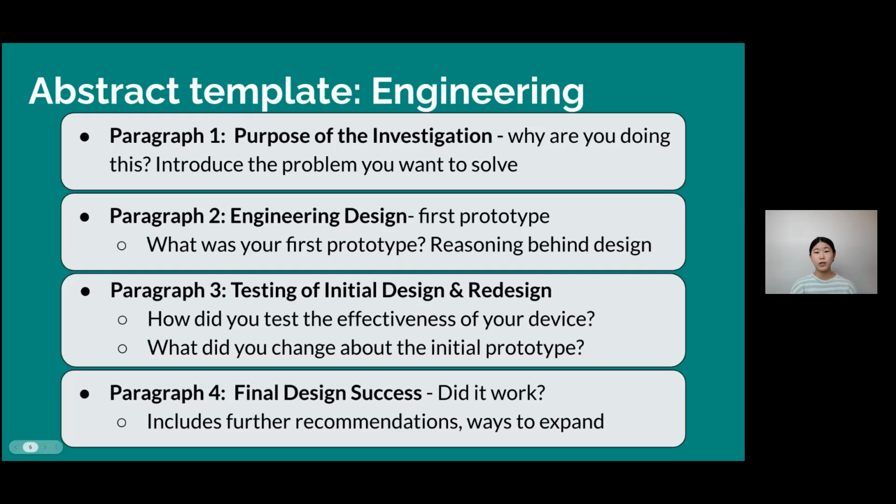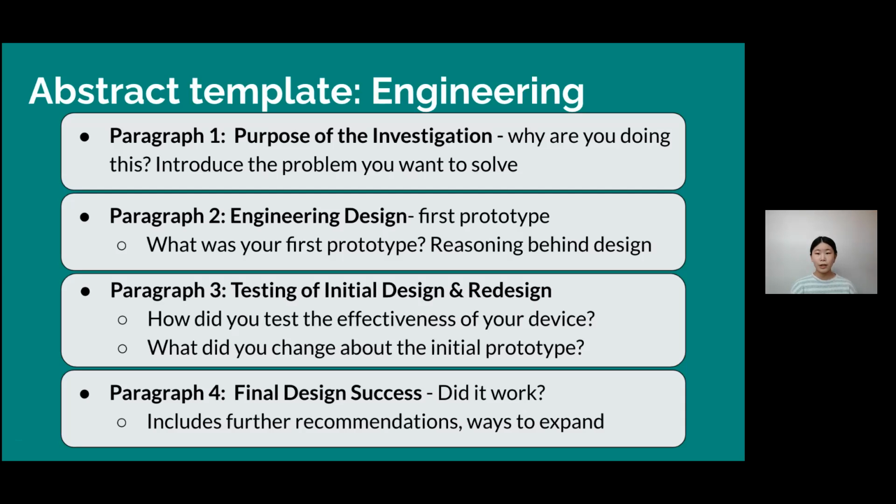And if you're doing an engineering project, then here is the abstract template. So paragraph 1 summarizes the problem that your device is trying to solve. In the second paragraph, you want to describe your first prototype and the reasoning behind your design and why you thought your initial prototype would work.